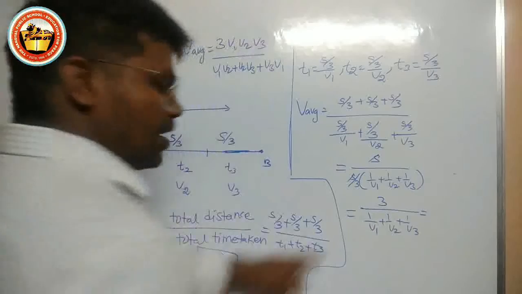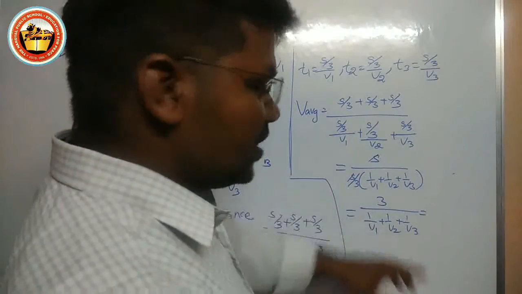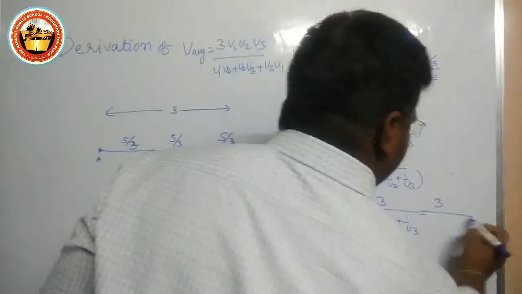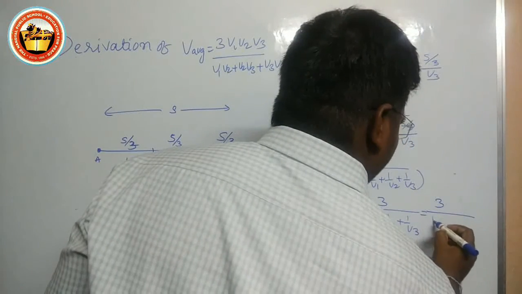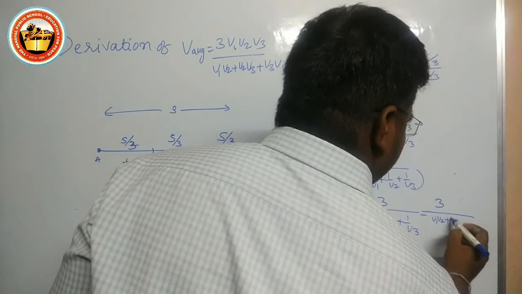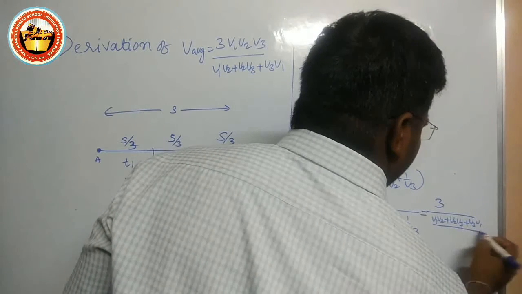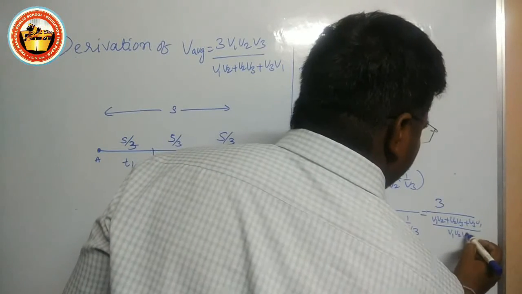Taking the LCM of 1 by v1, 1 by v2, 1 by v3, we get 3 divided by v1 v2 plus v2 v3 plus v3 v1 divided by v1 v2 v3.